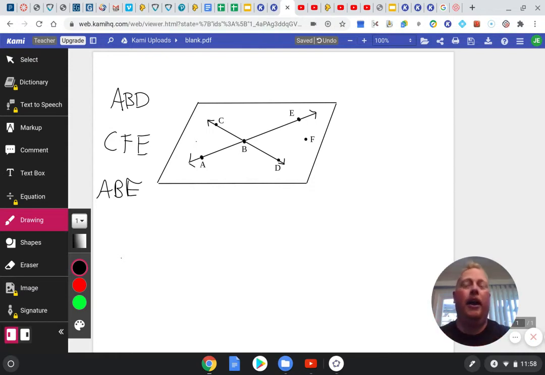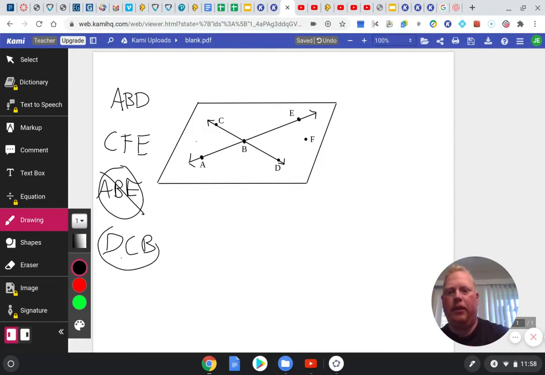So when you make your name for your plane, make sure you pick 3 points that are non-collinear. Okay, so ABE, no good. DCB, those points are all in the same line, so I cannot use those 3 points to name the plane.